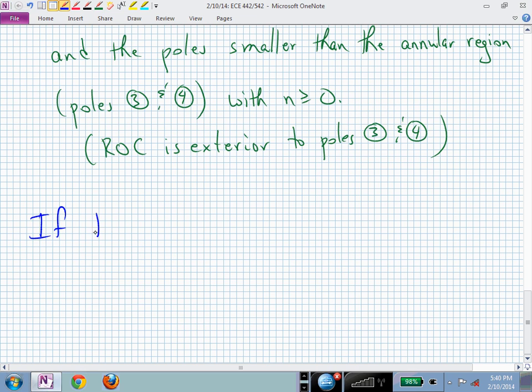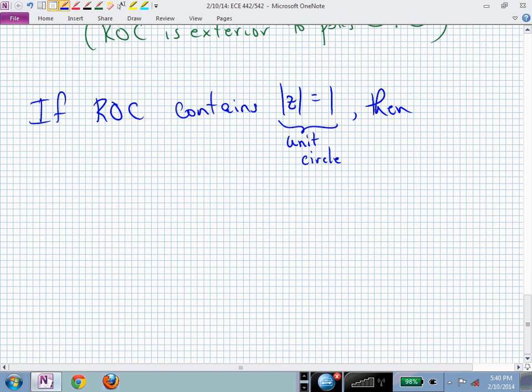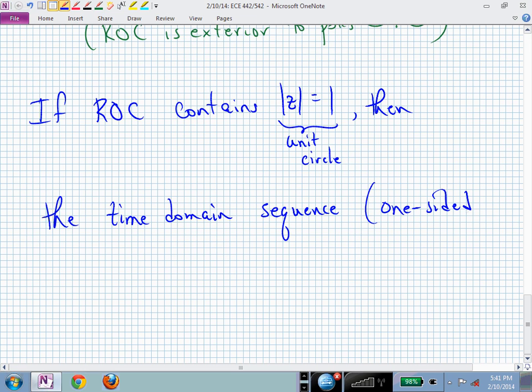So if this region of convergence contains the set of points on the unit circle, or when z has a magnitude of 1 in the complex plane, if the region of convergence contains that ring, or the circle, then the time domain sequence, whatever we've labeled it to be, and this actually could be one-sided or two-sided.